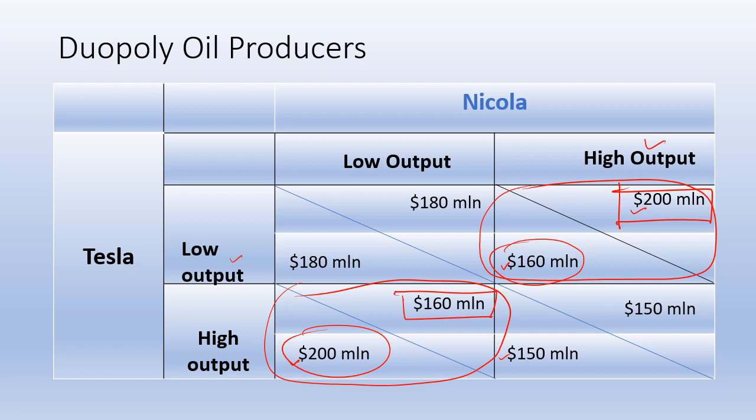We are not sure what will actually happen in this game, but we know that either Tesla producing high and Nikola producing low output is an equilibrium, or another possible equilibrium is Tesla producing low and Nikola producing high output. So in this case, these two possible equilibria are still Nash equilibria, but neither of them is a dominant strategy equilibrium because neither player has any dominant strategy.